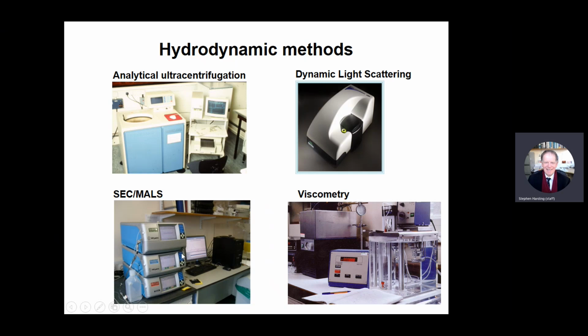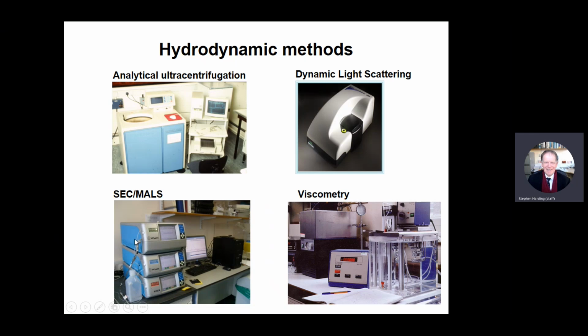You can also see here we've got the columns outside that temperature cabinet. You can see the separation columns here, and this is a viscometer, believe it or not. It's an online viscometer called a differential viscometer, which is linked up directly to the light scattering instrument and the concentration detector.